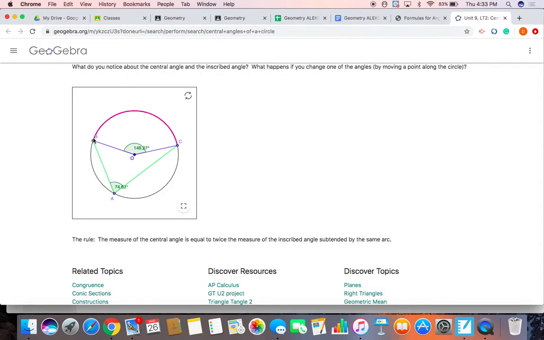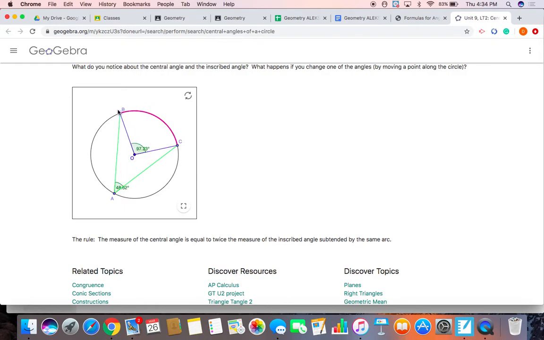Okay, what's happening to my angle? Let me see if I can get it. So originally we started at, I think, like 100. Yeah, 100 and then 50. So as I move this, let's see if I can get it right on a whole number. 60, 60, and 30.